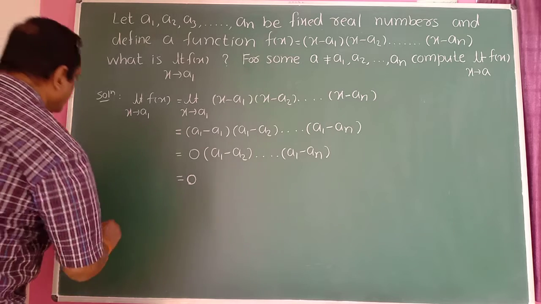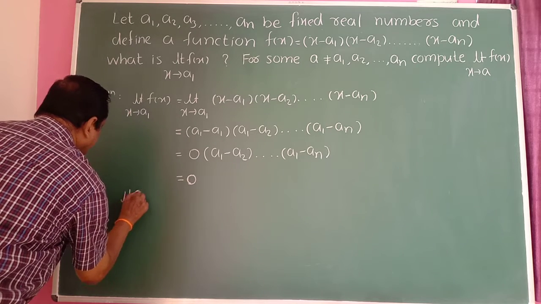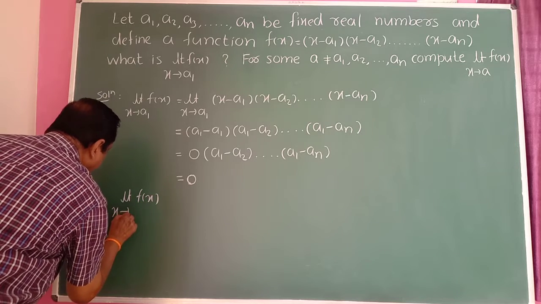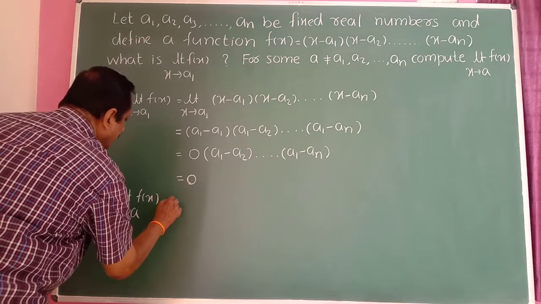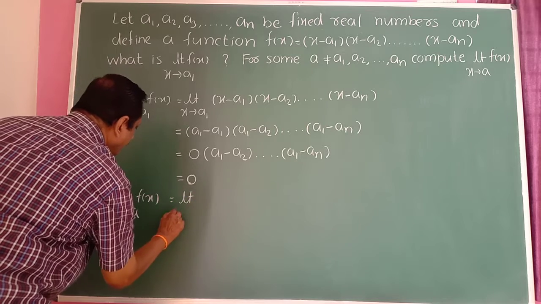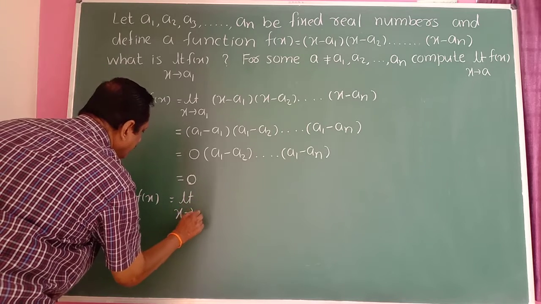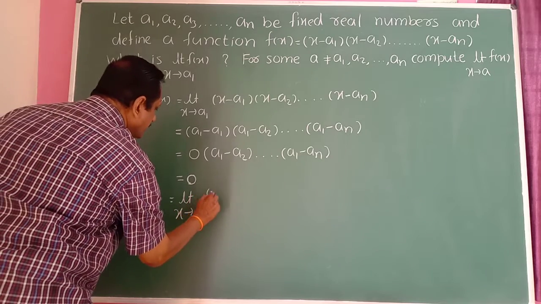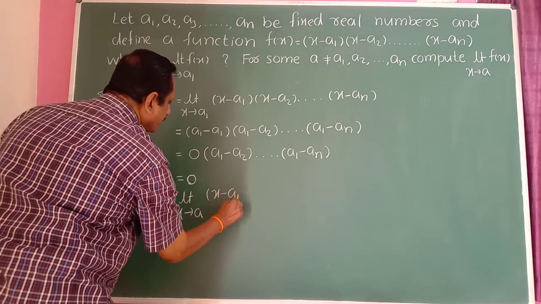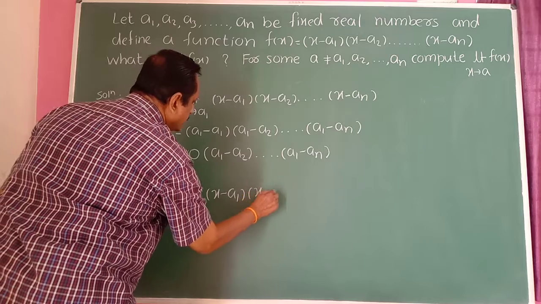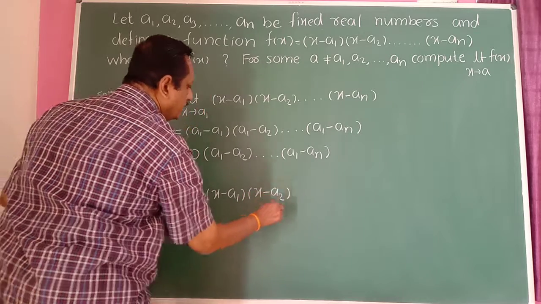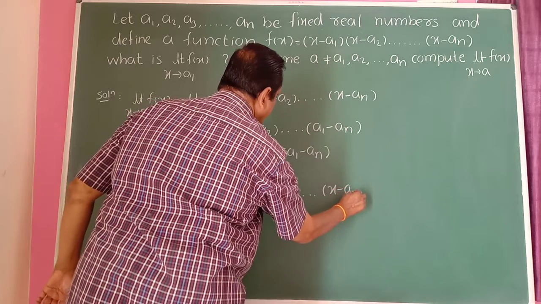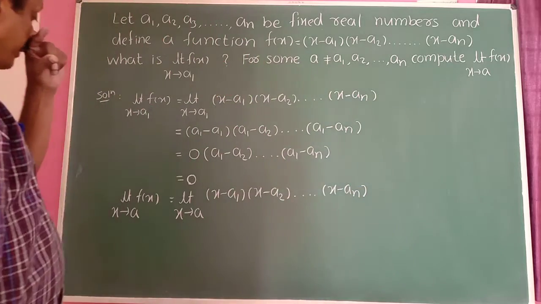Then find the limit of f of x as x tending to a, which is the limit as x tending to a of (x minus a1) into (x minus a2) ... (x minus an). Now put x equal to a.